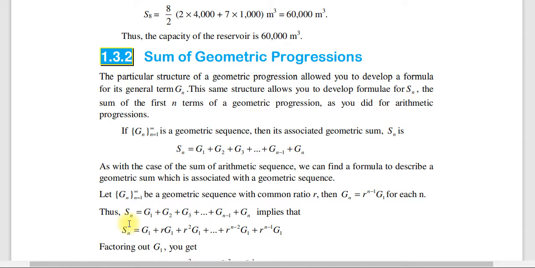So for each n, Sn is equal to G1 plus G2 plus G3 plus Gn minus 1 plus Gn, which implies that Sn is equal to G1 plus r times G1, G2 meaning that, G3 meaning r square times G1, then r to the n minus 2 G1 plus r to the n minus 1 G1.